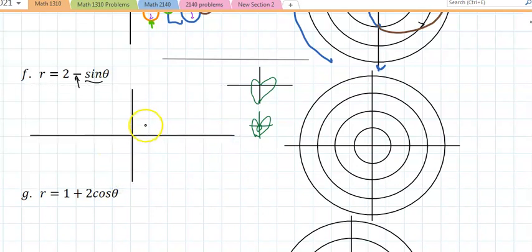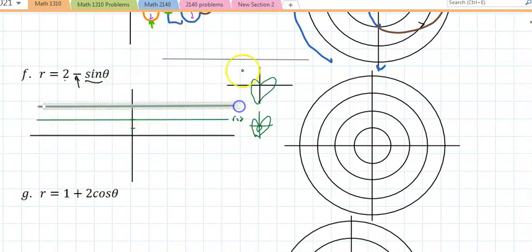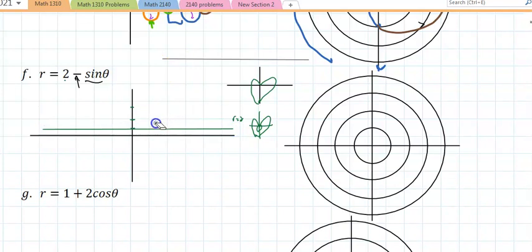Here we go. If I go to r equals 2, let's say that's 1, 2.